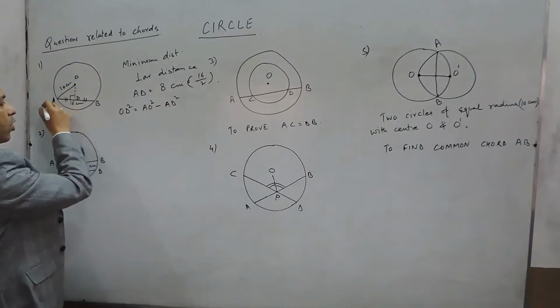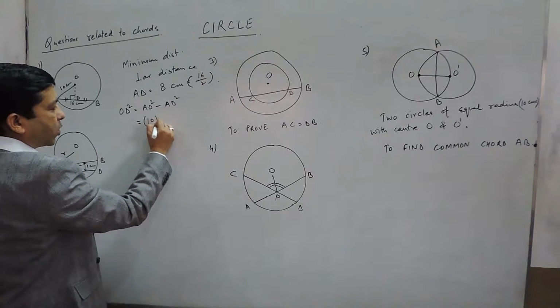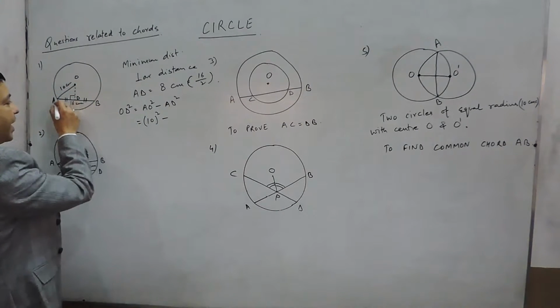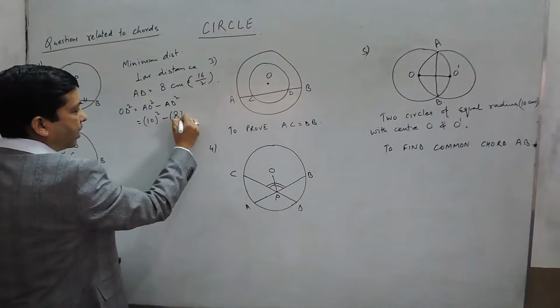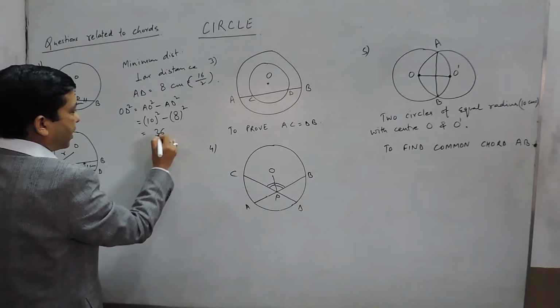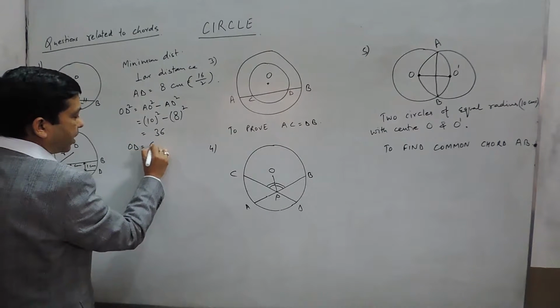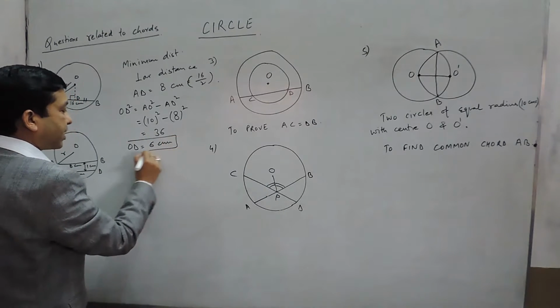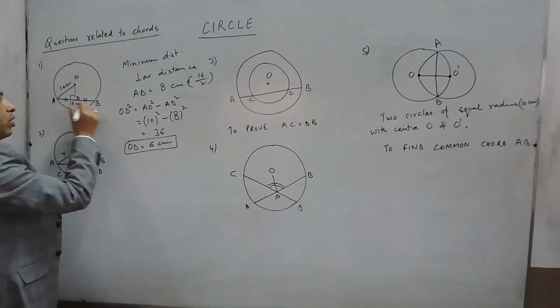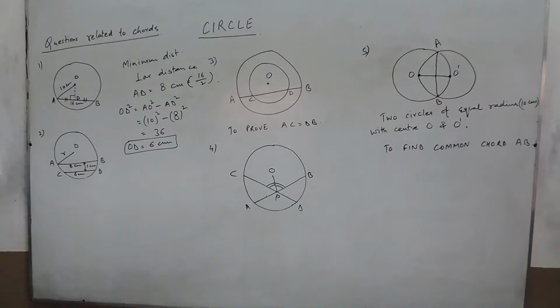AO is 10 centimeters, so it is 10 square minus 8 square, which is 36. So the value of OD becomes 6 centimeters. So the distance from the center to the chord is 6 centimeters.